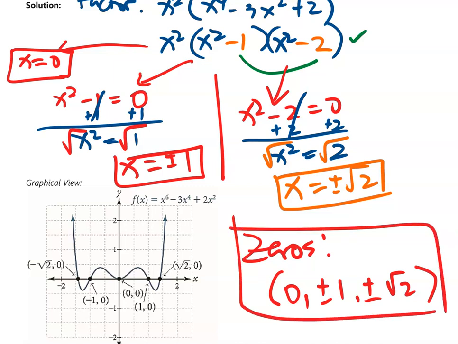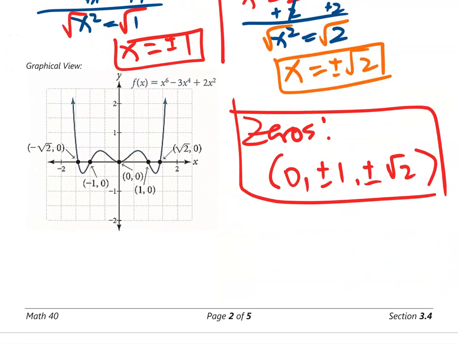And let's take a look at the graph of that given function, f of x equal to x to the 6 minus 3x to the 4 plus 2x squared. If you use a graphing calculator, you will see this graph. And look at the zeros. You have 0 here, positive and negative 1, also negative square root of 2 and positive square root of 2.